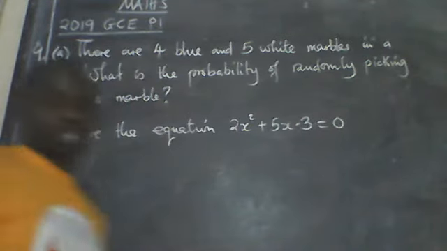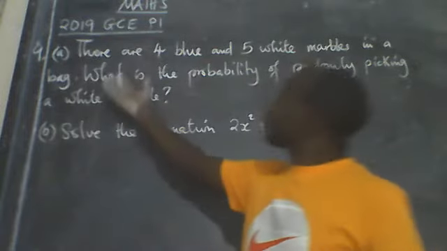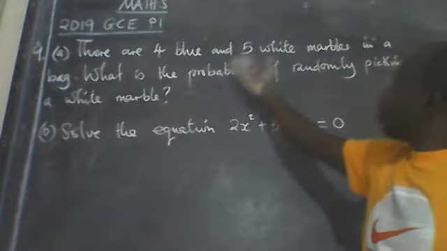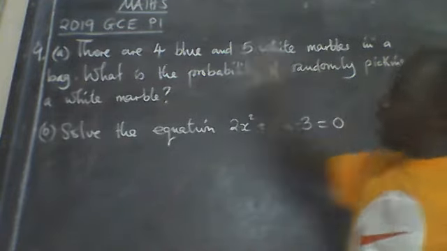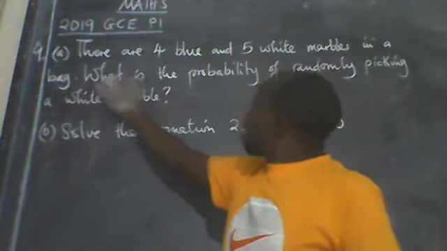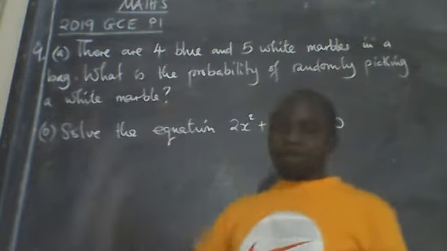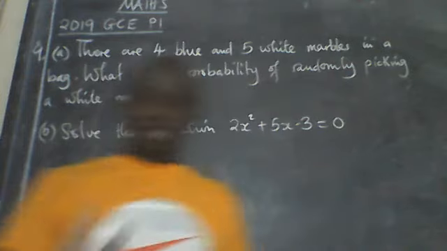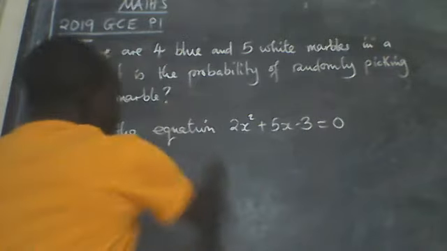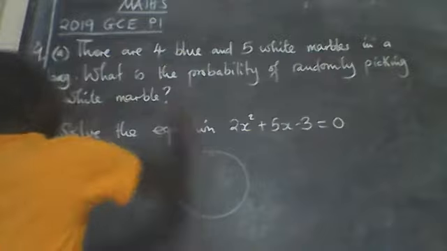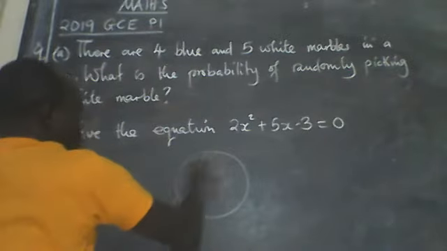Next question. Question number 9. The first part. There are 4 blue and 5 white marbles in a bag. What is the probability of randomly picking a white marble? Okay, so this is a bag. In this bag, we've got how many blues? 4 of them.